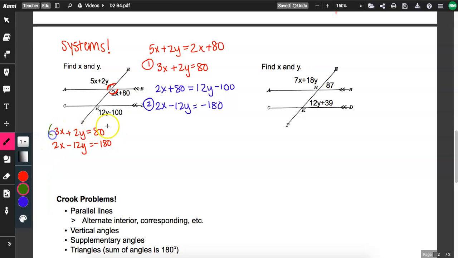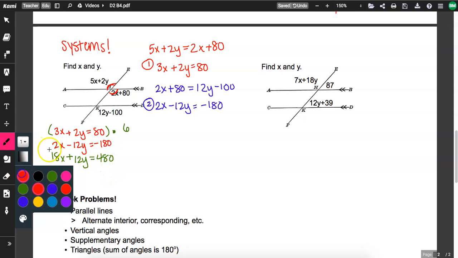So I notice that if I multiply this top equation by 6, I want it to be plus 12y, so 18x plus 12y equals 480.